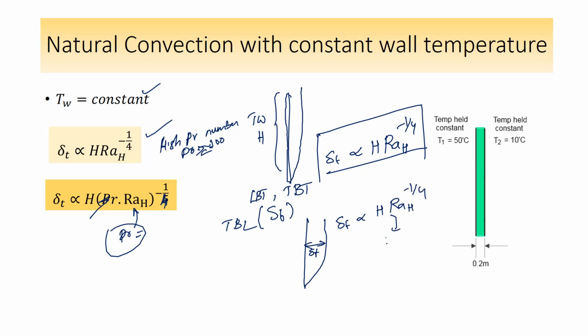This Rayleigh number contains our Grashof as well as Prandtl number, right? What is the expression for Rayleigh number? It is g beta delta T H cube by nu into alpha. So the thermal boundary layer thickness is proportional in this range.